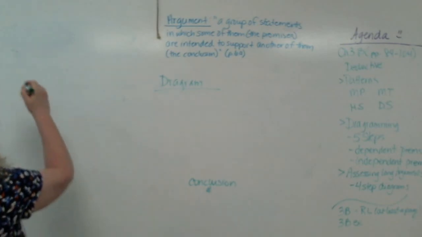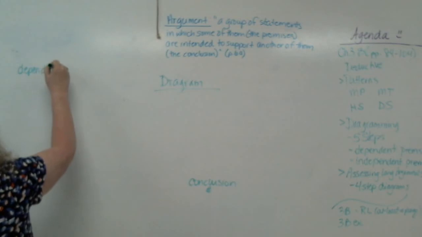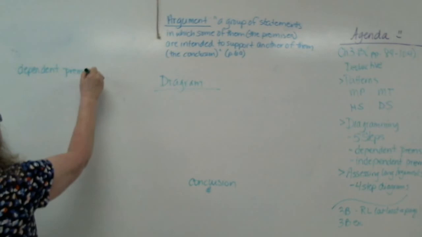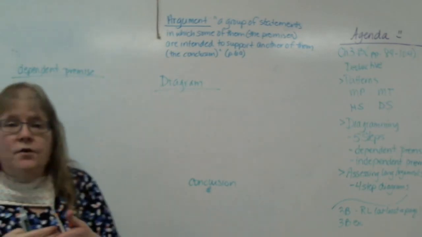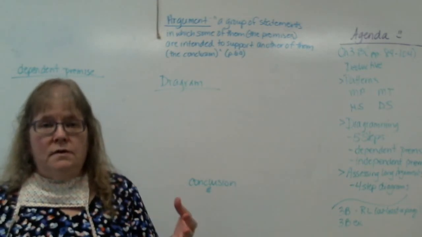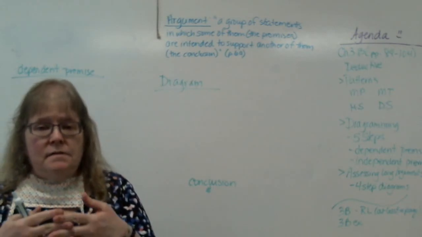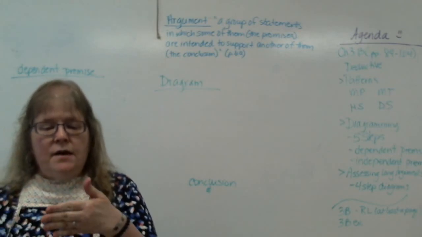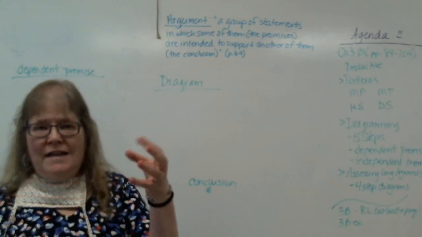So you have something called a dependent premise. It's one that relies on at least one other premise in order for it to be useful in the argument. And the thing about a dependent premise is there are always at least two, sometimes more than that. If you take away the other part of the equation, it's going to fall apart.